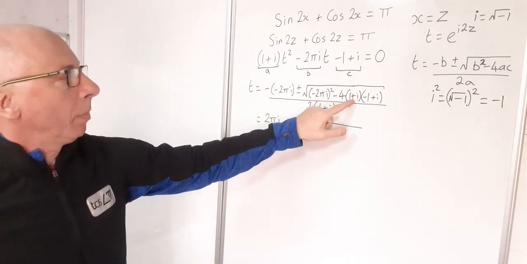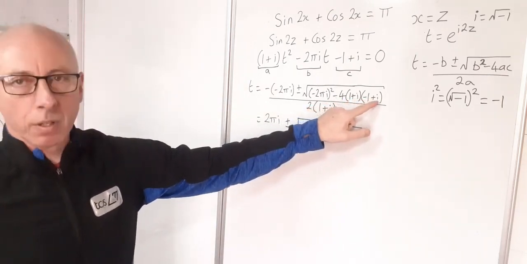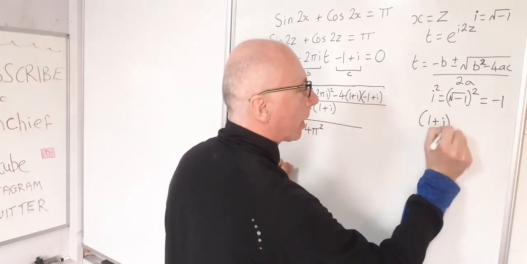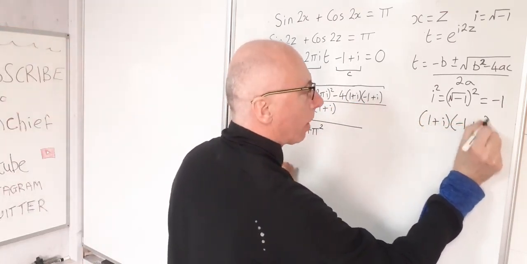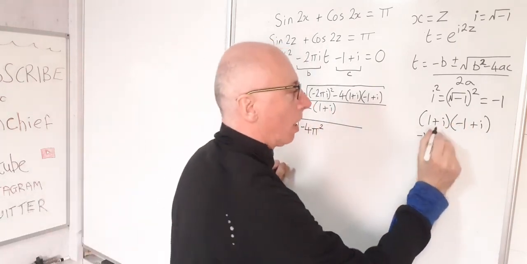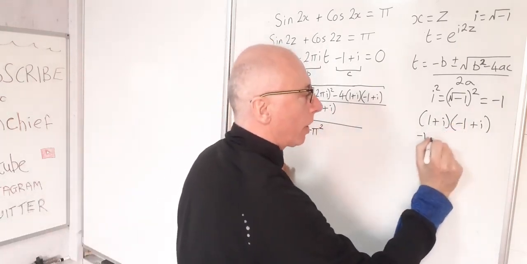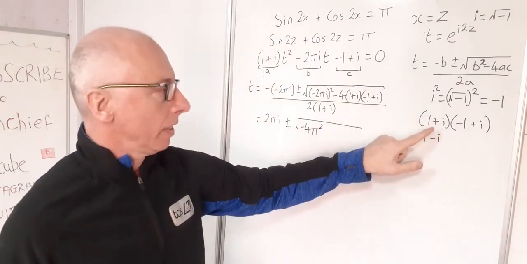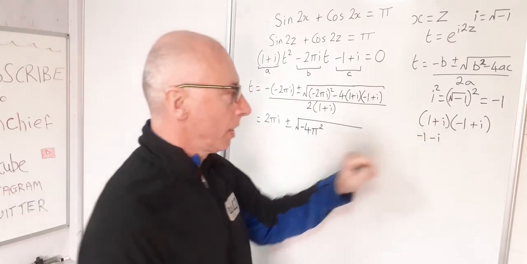And now we've got 1 plus i times minus 1 plus i. Let's go careful with that one. 1 plus i, minus 1 plus i. 1 times minus 1, minus 1. i times minus 1 is minus i. So that's this one taken care of. Now let's distribute with this positive i on this side.